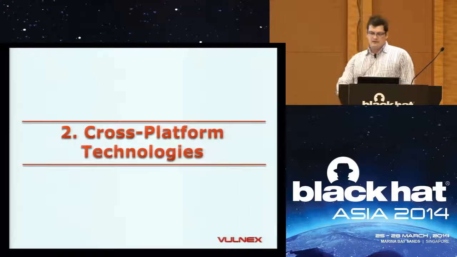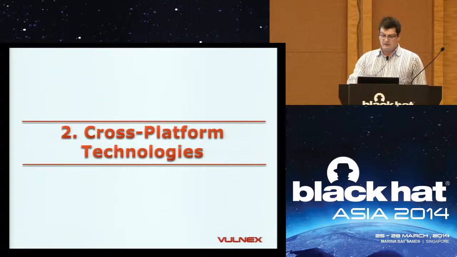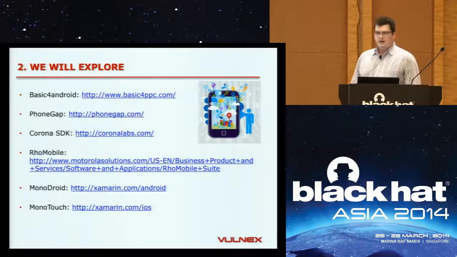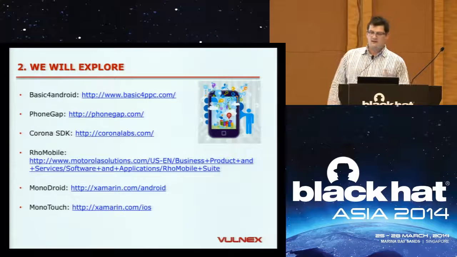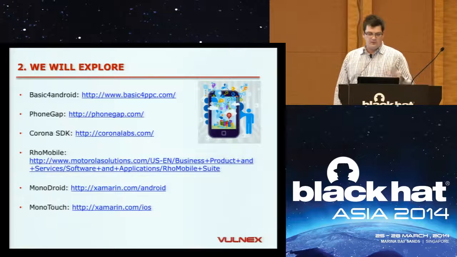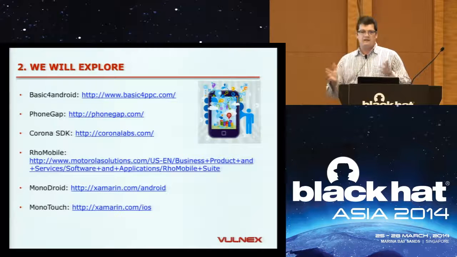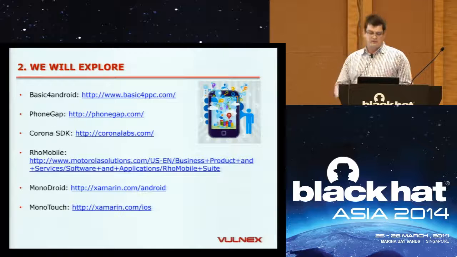Okay, so the technologies. Let's focus on the cross-platform technologies. In this talk, I will just focus on these six frameworks. We will talk about Basic for Android, PhoneGap, the Corona SDK, Rhomobile, and MonoDroid and MonoTouch. I mean, MonoDroid and MonoTouch is pretty much the same thing. It's the same company for .NET, but they have separated it into two products.